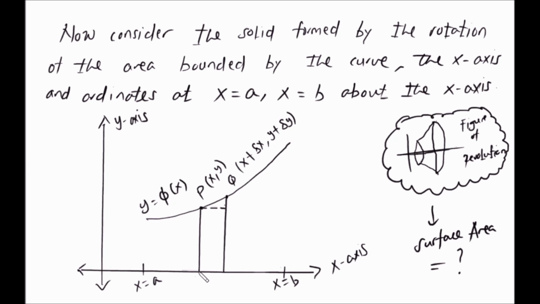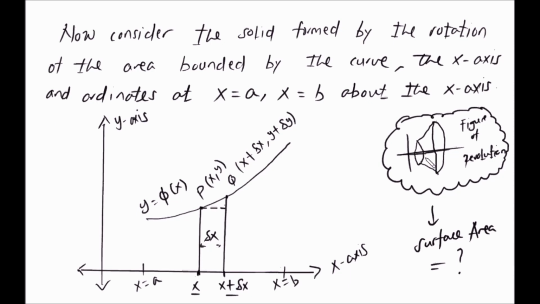Manake hapa sasa, hapa ni x kwa sababu P ni x, y, na hapa ni x plus delta x. So urefu kutoka hapa mpaka hapa utakuwa ni x plus delta x minus x, ambayo ni delta x.